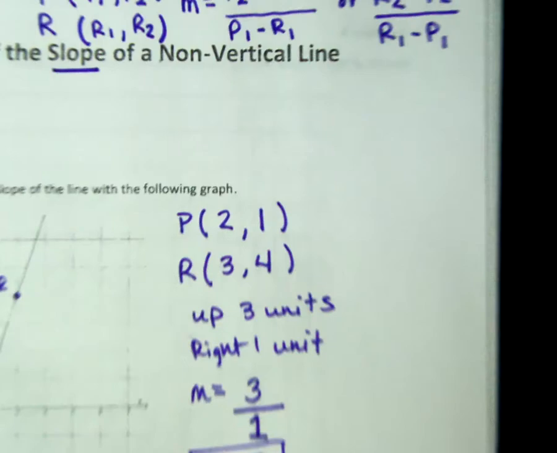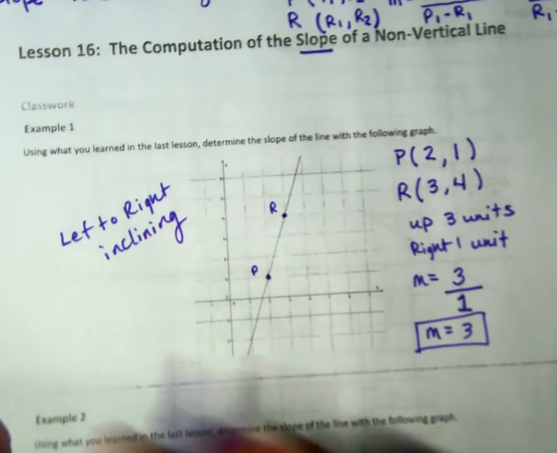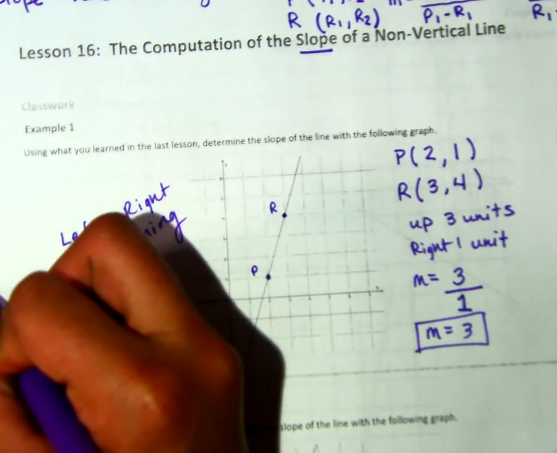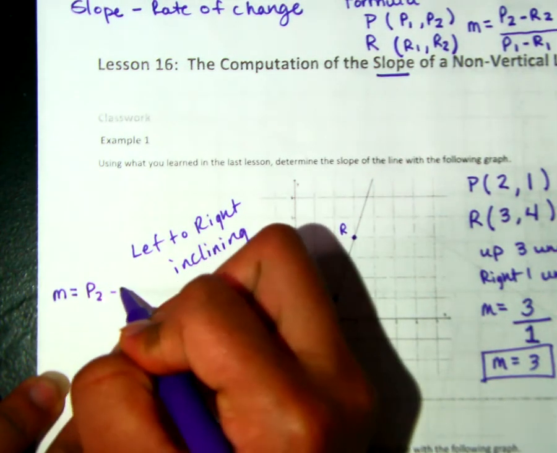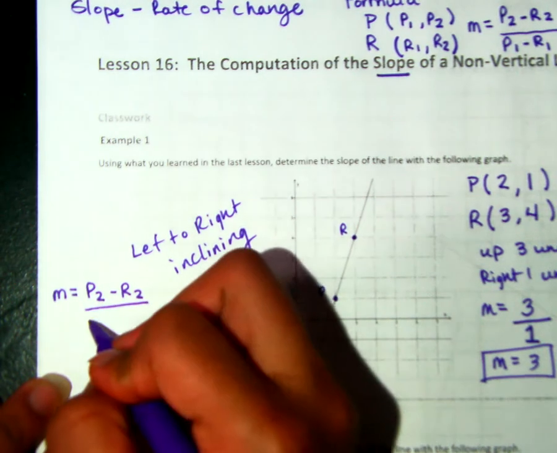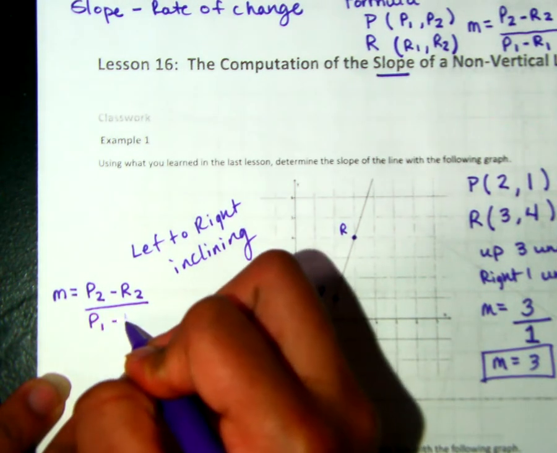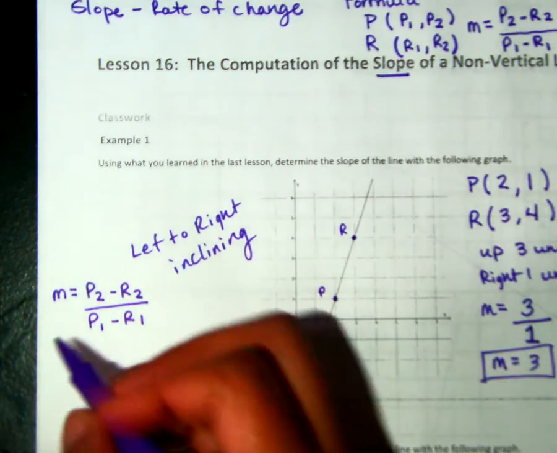So let's go back to example 1. I'm going to go over on the left side of the paper, and I want to first write my formula down. So to calculate the slope of this line, I need to take P2 and subtract R2. I'm going to divide that by P1 and subtract R1. I want to work vertically.